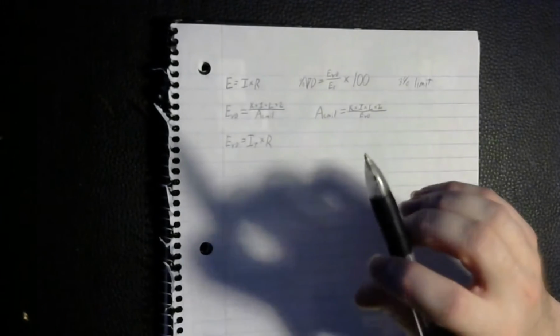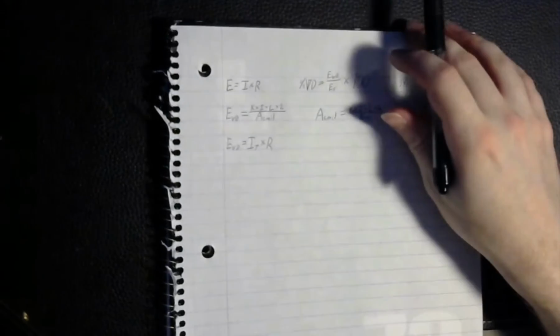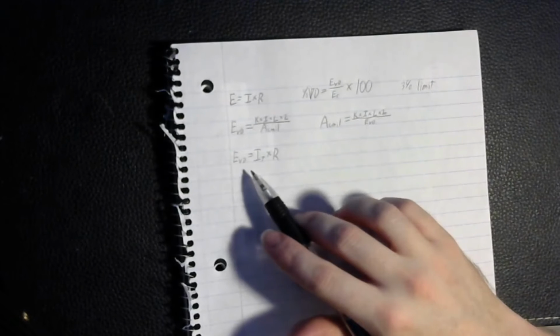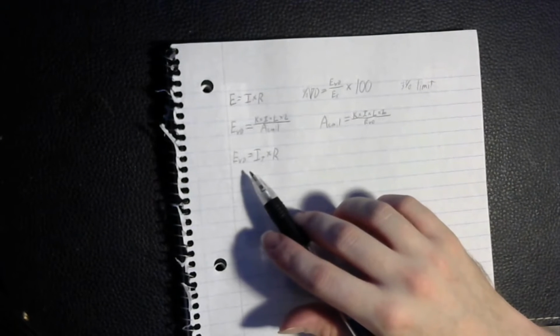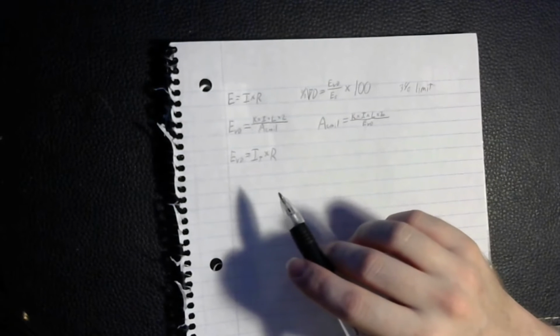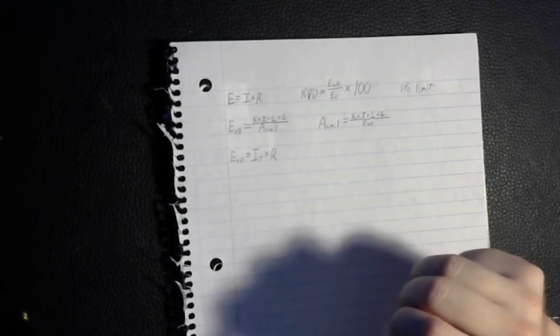Right. So the formula for this. To get the current, we're gonna use the power formula. It tells us we've got a motor with 5 horsepower and 240 volts.